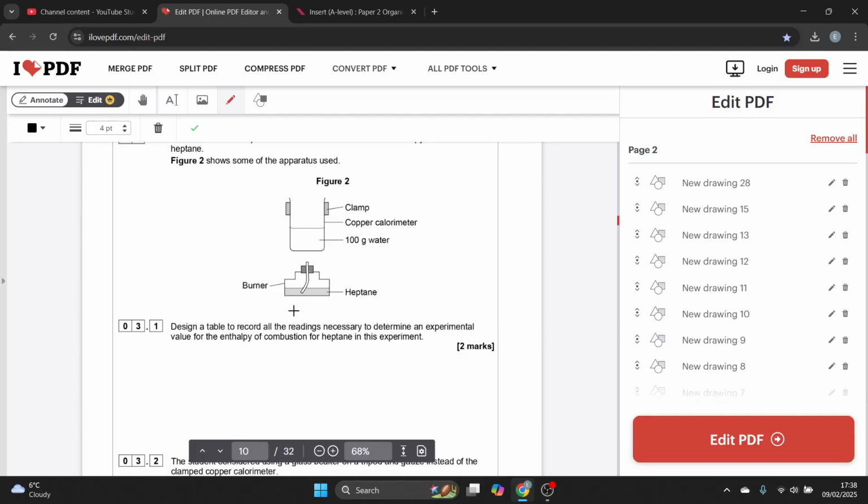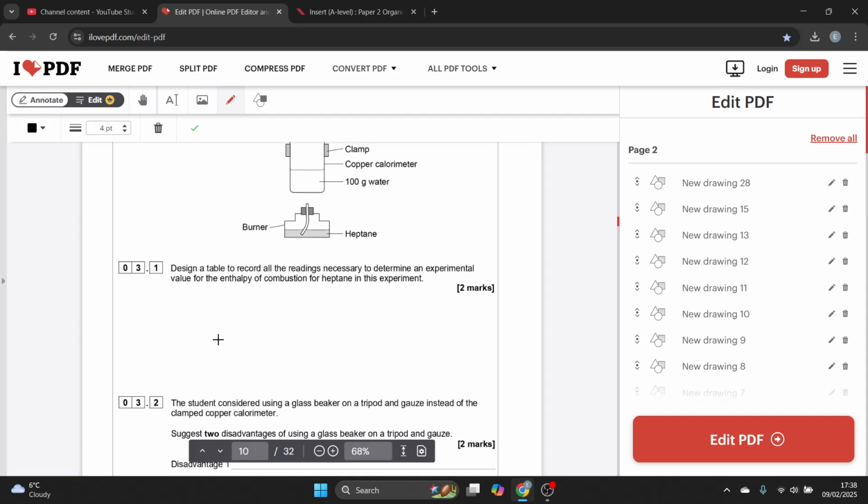Question 3. Design a table to record all the readings necessary. Okay, enthalpy of combustion.